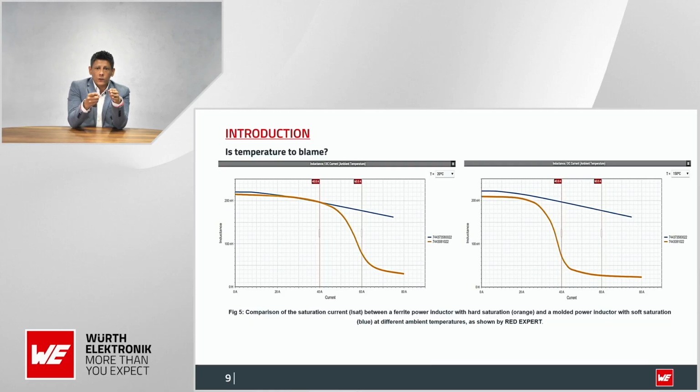That's the strong advantage of molded power inductors. On the other hand, we can see here that the problem from the oscilloscope video before was not related to the increase of the temperature, because we expect that the inductance value is going to stay almost the same for the range that we are looking at.